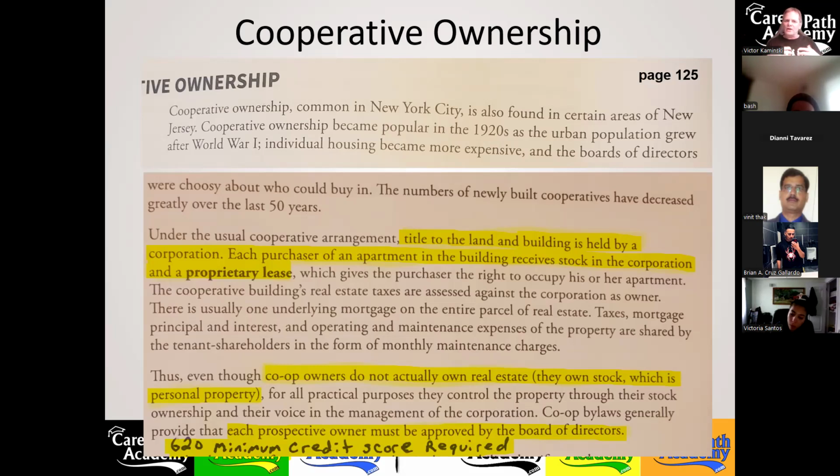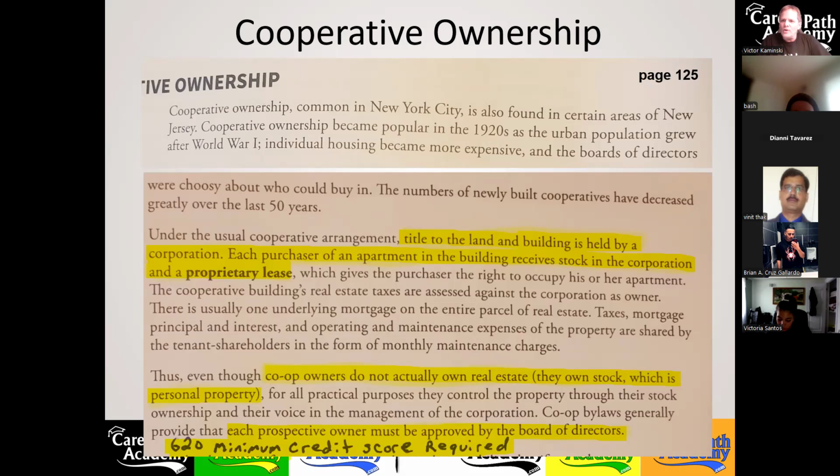Whereas in a co-op, well, first of all, you don't make a mortgage loan payment. You have to get a personal loan or pay cash because you don't own real estate. In your typical mortgage loan situation, you're pledging the property as security for the loan, so the banks give you a loan.